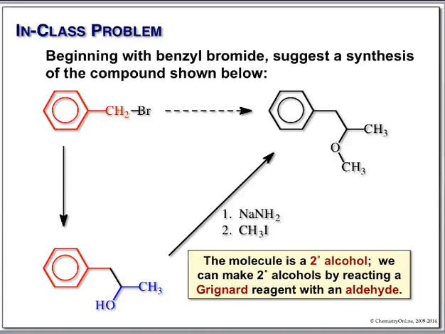Draw the structure of the appropriate aldehyde. The aldehyde had two carbons, right? Methyl group, and this used to be the carbonyl. It's an aldehyde, so the carbonyl is attached to a hydrogen.